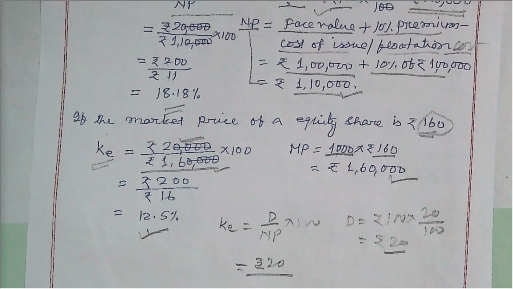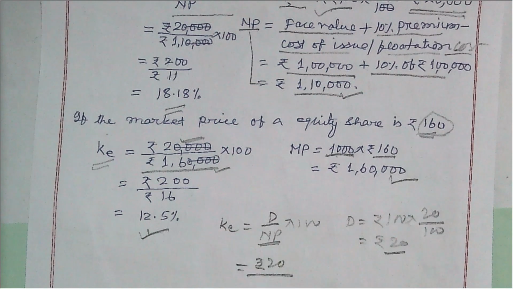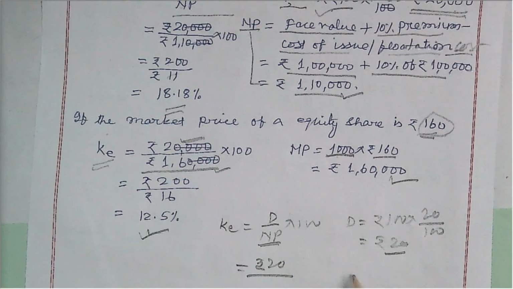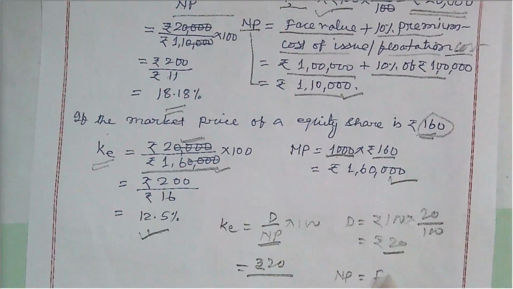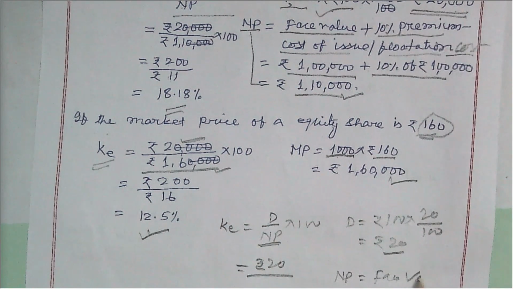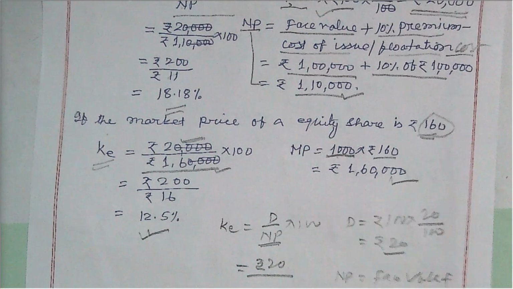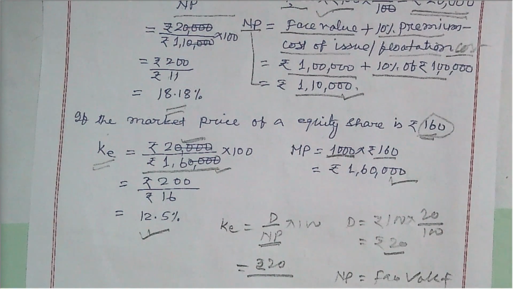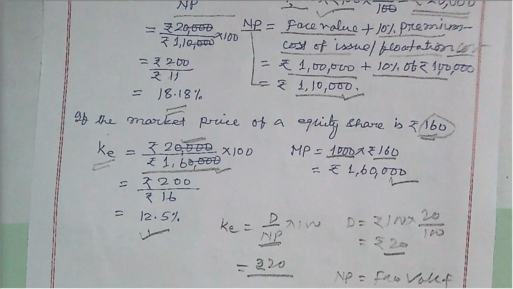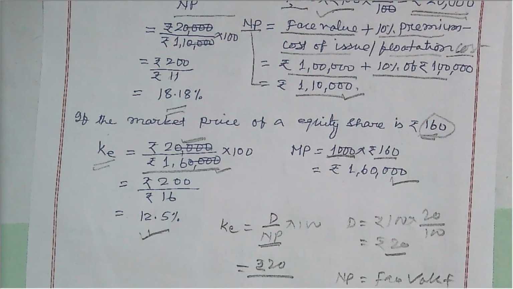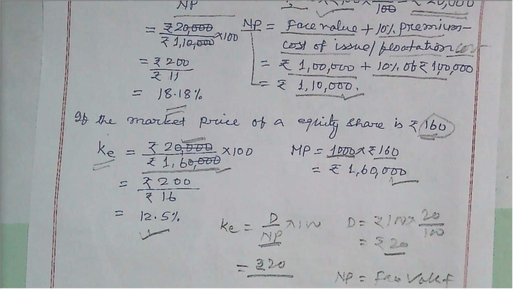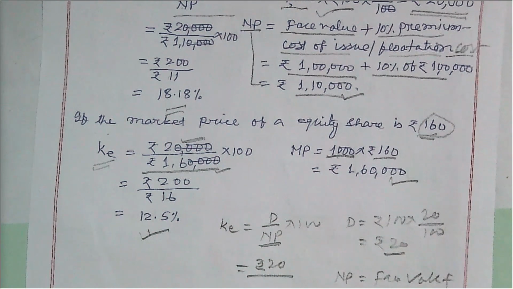The value of one share is 100 and it is issued at a premium, so NP equals face value plus premium: 10% of 100 is rupees 10, so it is rupees 110.